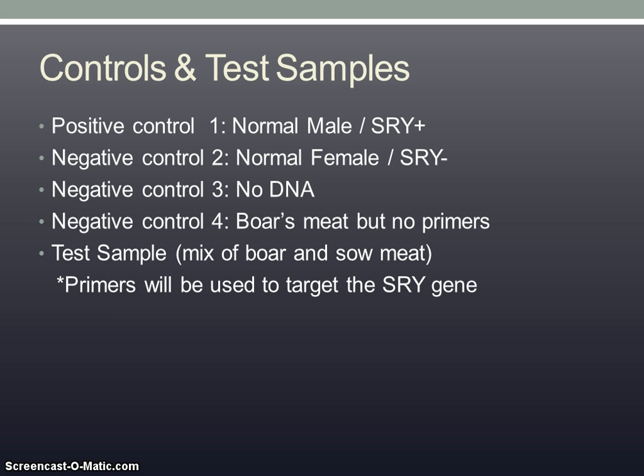Negative control 3 would be a sample without any DNA at all. Our negative control 4 would be boar meat, but containing no primers. And lastly, our test sample will be the unknown, so it might have a mix of boar meat and sow meat. We're unsure of that yet. And our primers will be used to target the SRY gene.